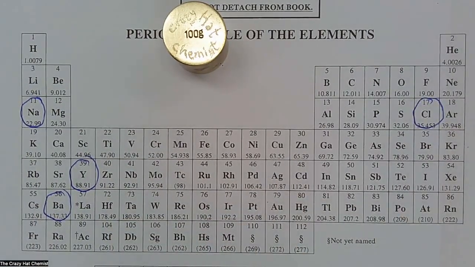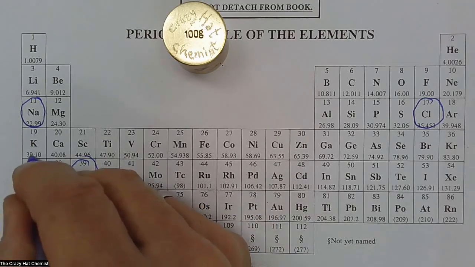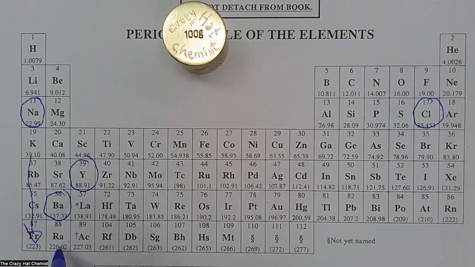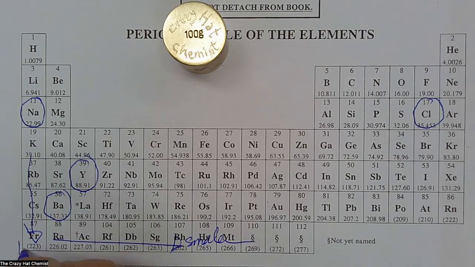The question is in order of increasing size. Again, as you go down a group, they get larger. As you go to the right, they get smaller. That's in terms of size.